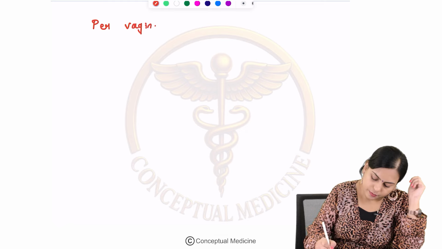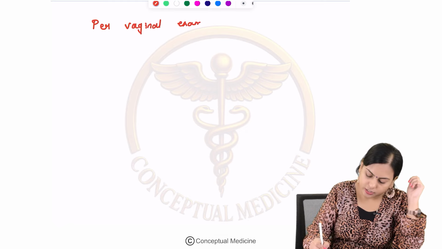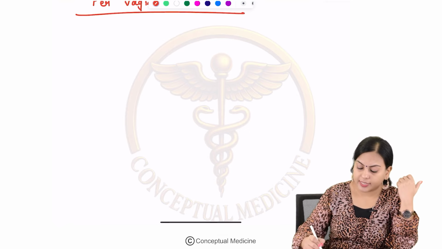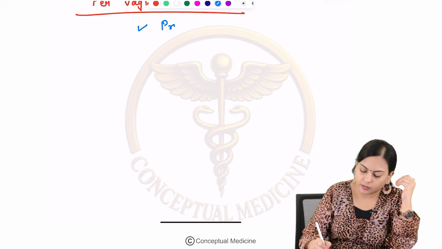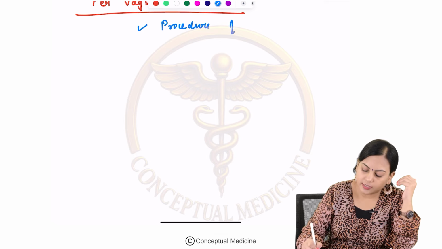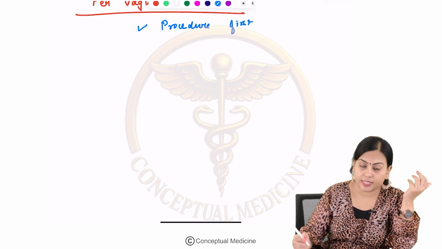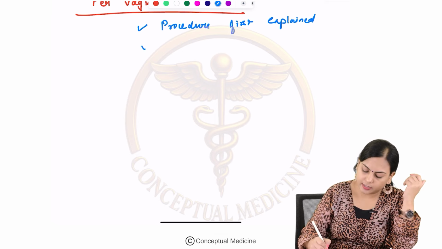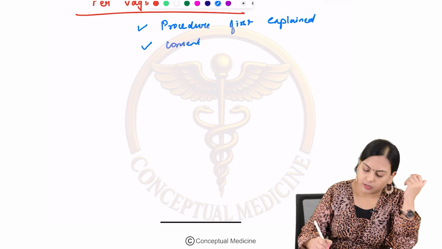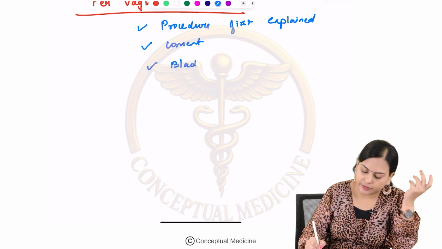So, pervaginal examination. While doing a pervaginal examination, it is ideal that you explain the procedure first and get the consent also. Then, as usual, we empty the bladder.